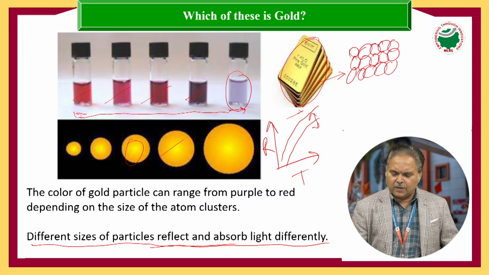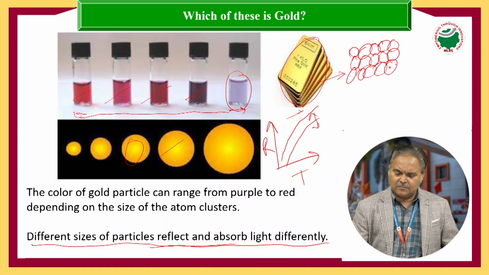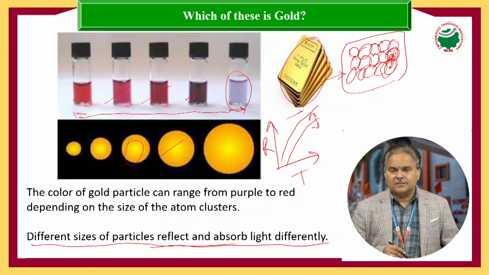With more grain boundary, if the center has fewer atoms, outside there will be more atoms, and these atoms connect to another one. So the flow of electrons will find it difficult to cross this boundary. Due to these grain boundaries, the resistance of this material will increase.